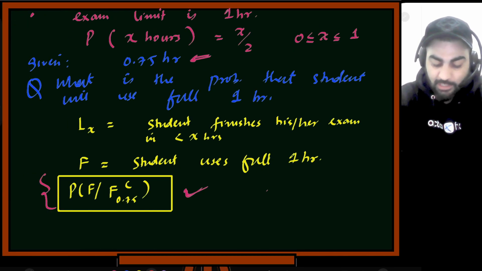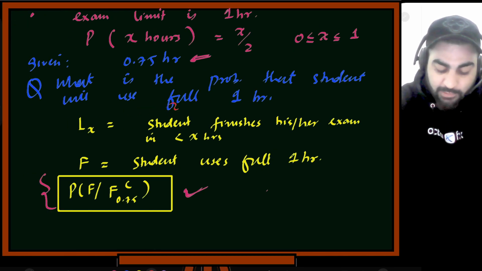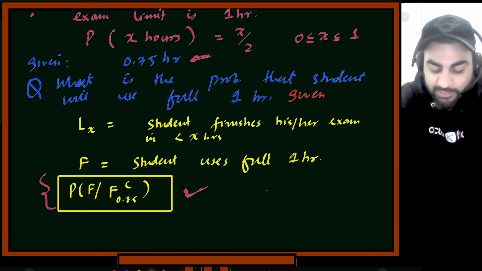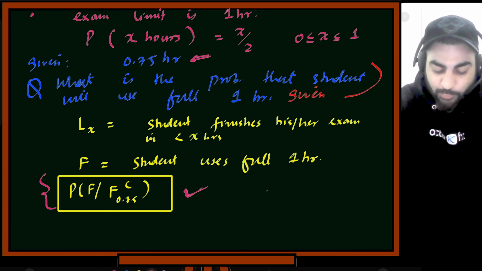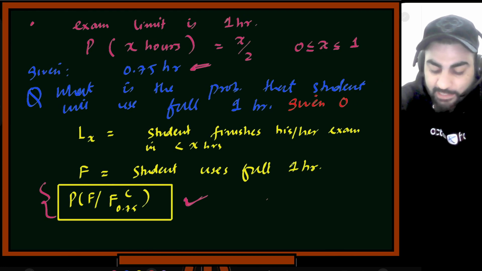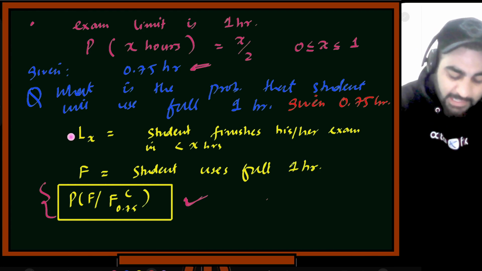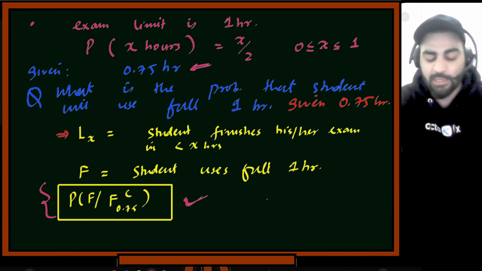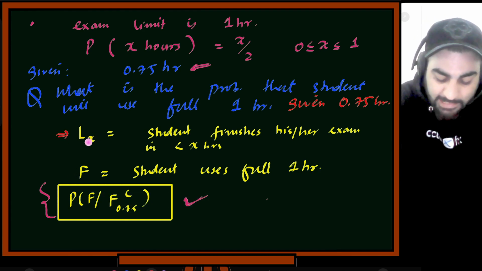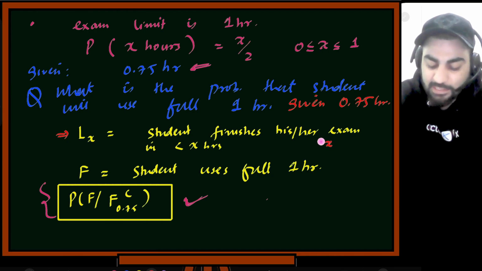The question was, what is the probability that the student will use the full hour given the information given? He was seen still writing the exam at 0.75 hours. So the first thing I did was introduce two variables. I said let L of x denote that the student will take less than x hours, where x ranges from 0 to 1.